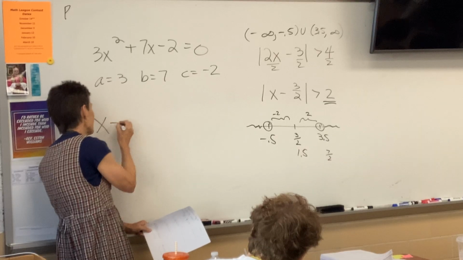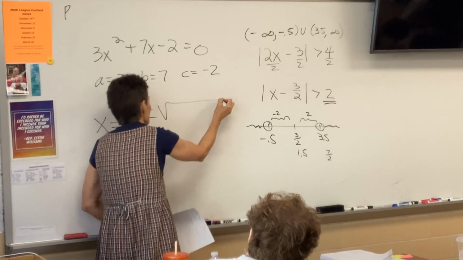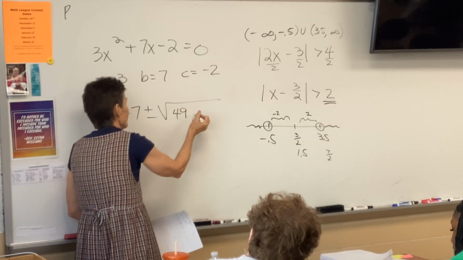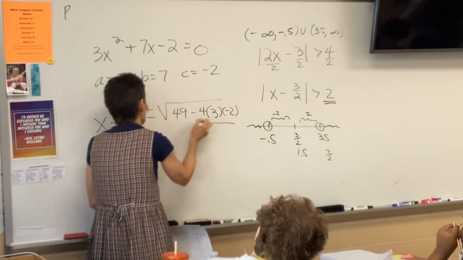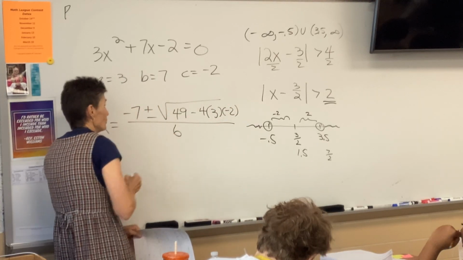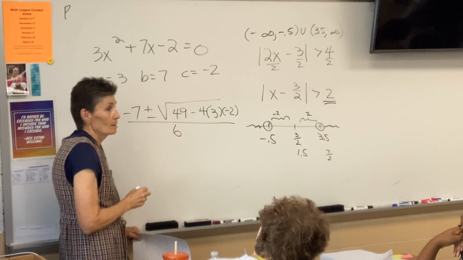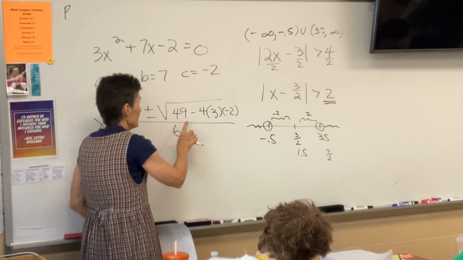Here we go, x equals opposite of B plus or minus the square root of B squared minus 4 times A times C all over 2A. Now be careful here.